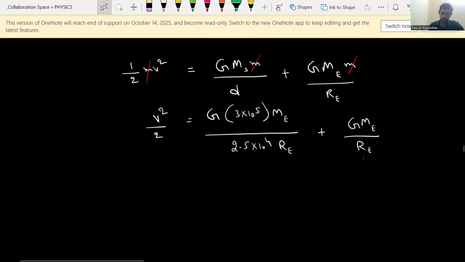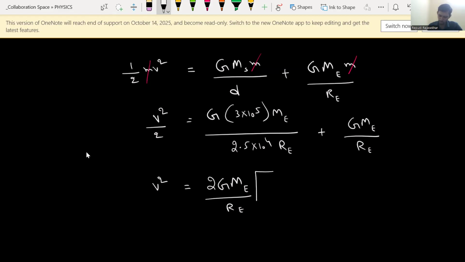Now we want the v square value, so cross multiply with this 2, so this becomes 2g Me divided by Re into, 2 into g Me you can take common also, so that 3 into 10 to the power of 5 divided by 2.5 into 10 to the power of 4.